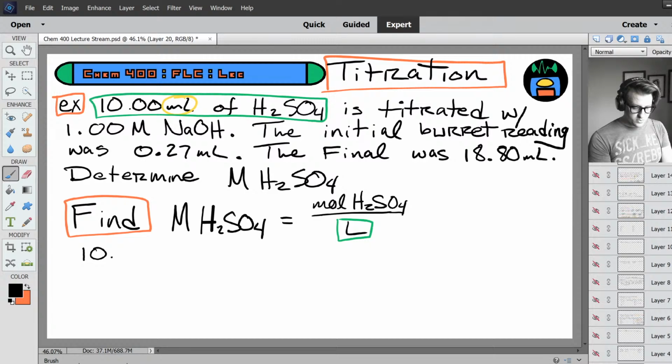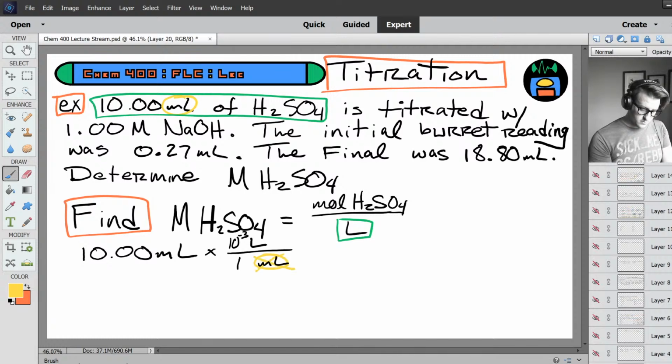But once you convert 10 milliliters to liters, then you've got your denominator. 1 milliliter is 10 to the negative third liters. And so our volume in liters will be 0.01000 liters. So we've got our denominator.